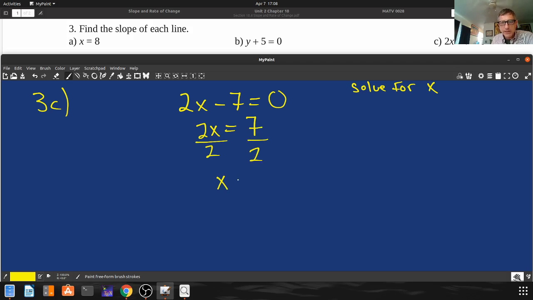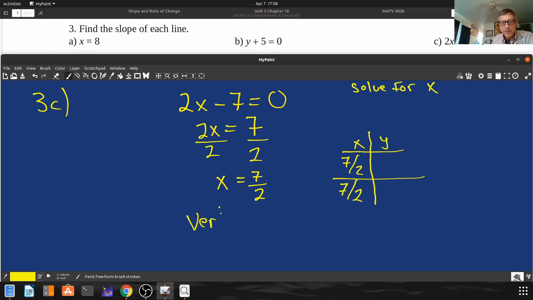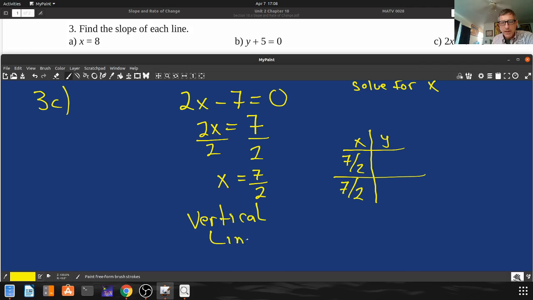So x is equal to 7 halves. And again, you should know that this denotes a vertical line. And I'm not going to do anything else. Hence, the slope is undefined.